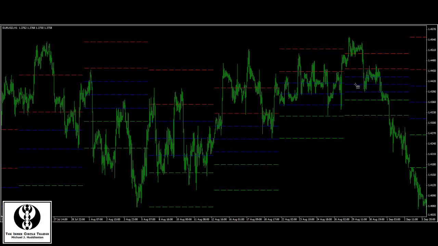This central level is also very crucial because it gives you equilibrium. If price is really moving far away from equilibrium and it's broken outside of the previous week's range, chances are it's looking for a significant down move, especially if it's unable to get back and retest the previous week's low.